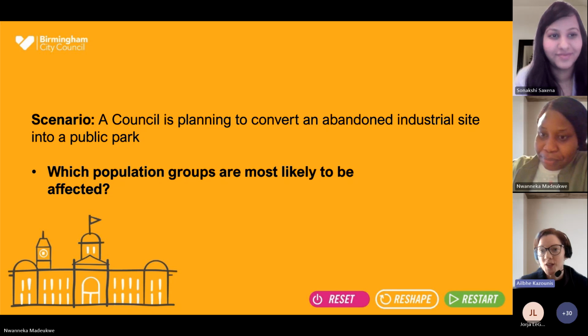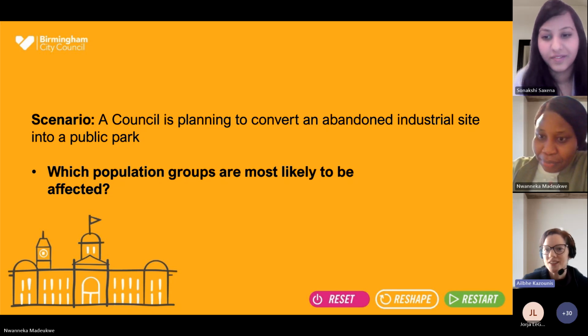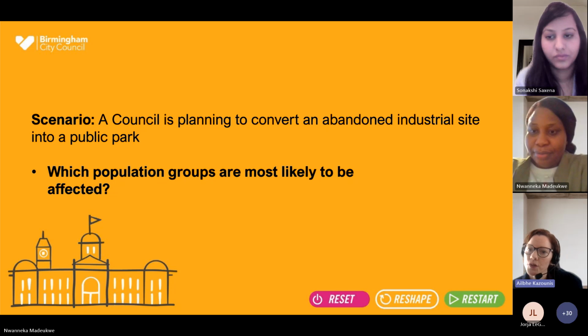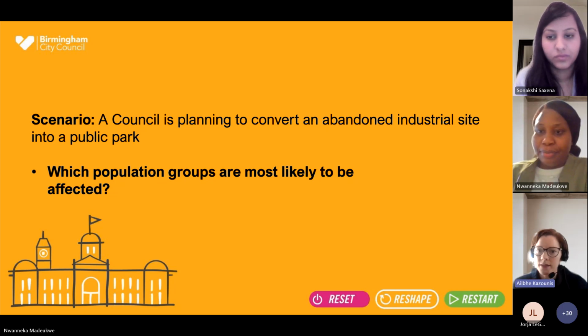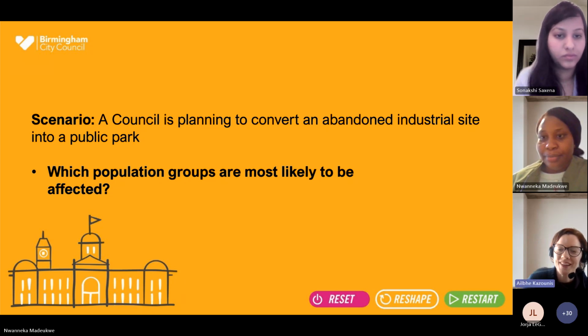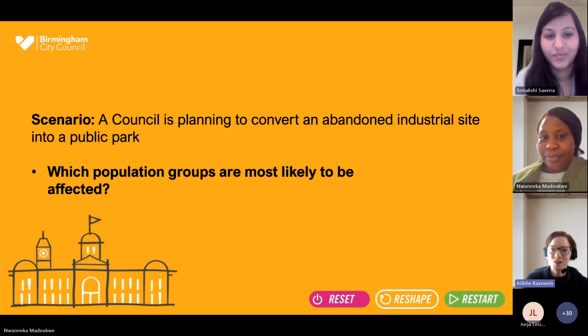People who take a lunch break close by. So workers, yeah, definitely. Those with access to cars or who are more mobile. People with disabilities, older people, yeah. I think we've probably covered most of the groups. I'm assuming with young people, we're also including young children there, children and young children.